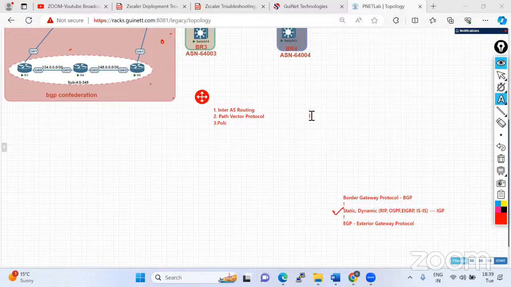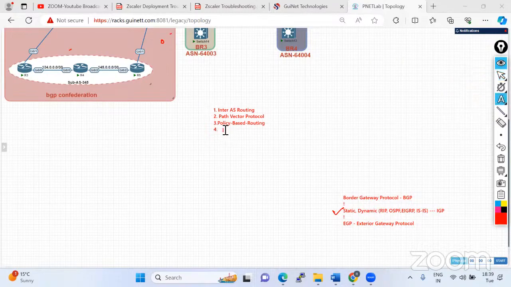If you want to use policy based routing, you can use other routing protocols as well, but you can use BGP as the best policy based routing because it also uses attributes, right? These attributes are very helpful to manipulate the path, and they are going to scale your network.